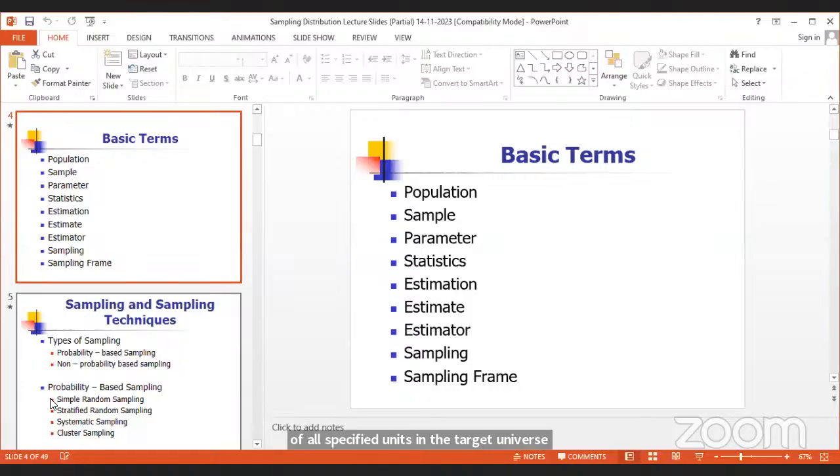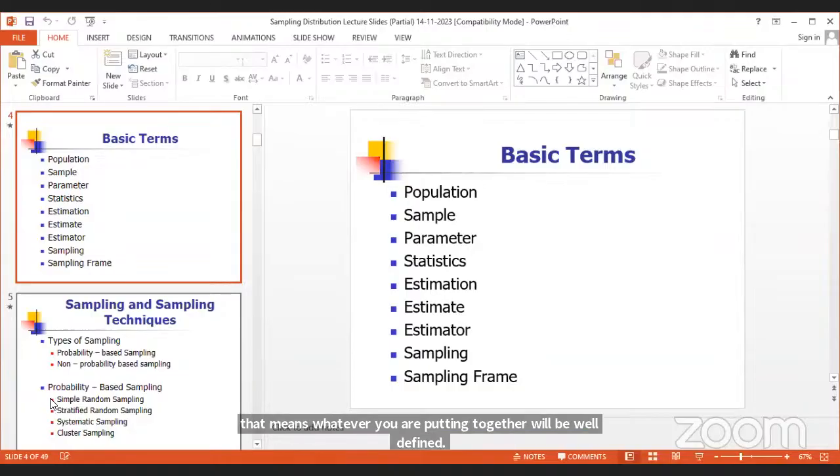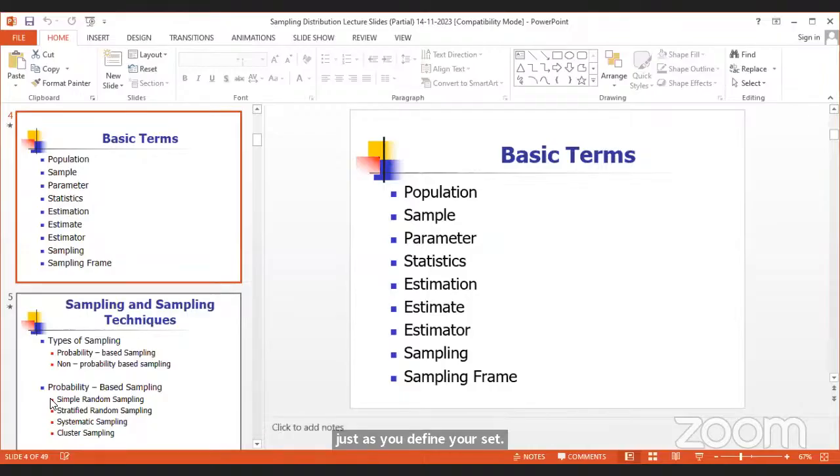So that means whatever you are putting together must be well-defined, just as you define your set. Then I also defined sample. A sample is a fractional part of a population, a subset of a population. So what do you do with your sample? Most times we want to use the sample to have an understanding of the population.